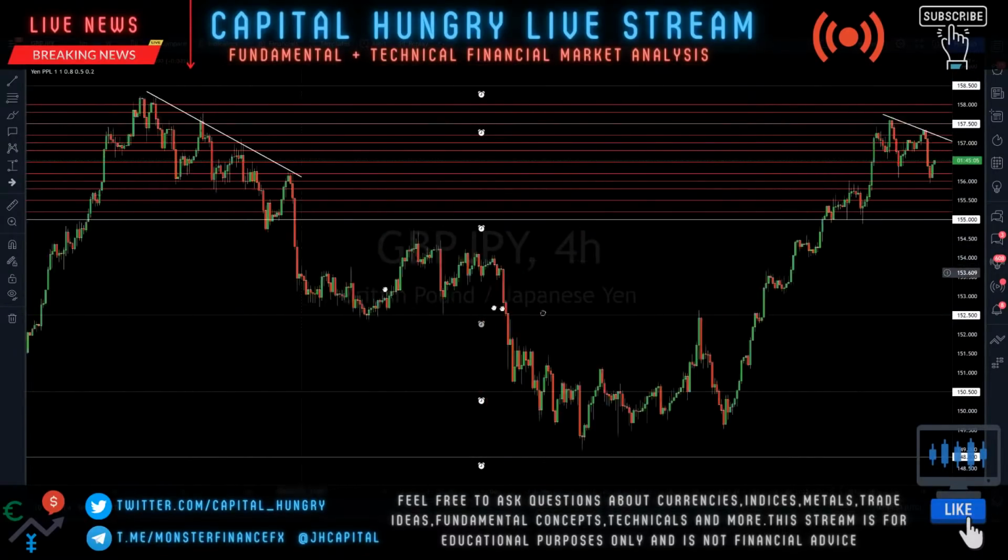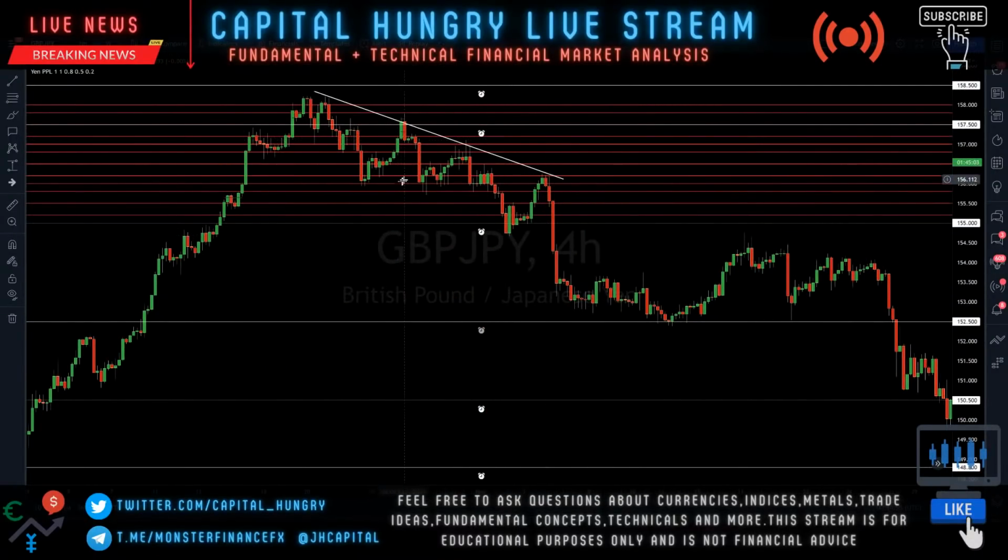So what I would be looking for, if we have the same technical repetition to the left like we had here, and look at this for example, and look how beautiful that pullback bearish structure is if you play it correctly. This bearish pullback structure, you can see, lasted almost a period of 2 weeks, right? I don't know if you can see the dates at the bottom, but it lasted a period of 2 weeks, this pullback structure here on the 4-hour chart.